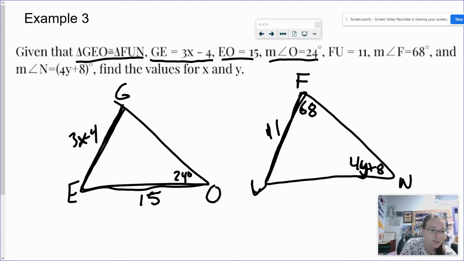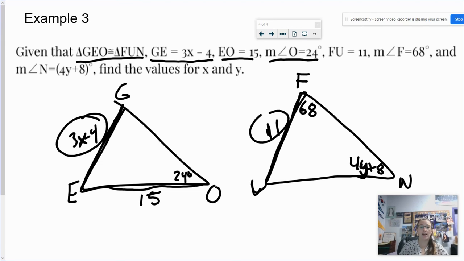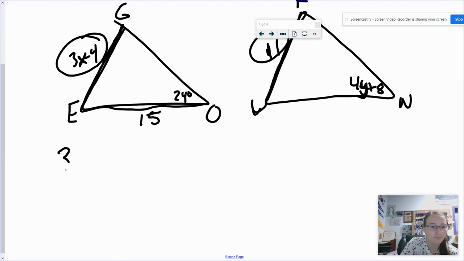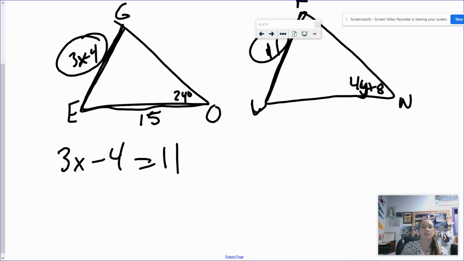So notice X is over here. What number is 3x minus 4 going to be set equal to from the other triangle? 11. We have said these two triangles are congruent, so those two sides are equal. So copy them, set them equal to each other. Take a moment, go ahead and solve that equation.